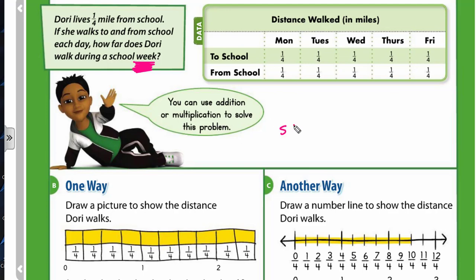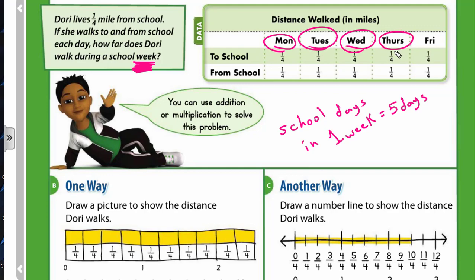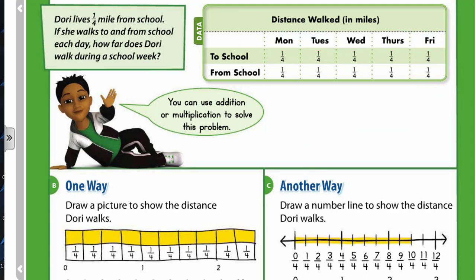And how many school days in 1 week? 5 days. For us, it's Sunday, Monday, Tuesday, Wednesday, Thursday. But for this school, it's Monday, Tuesday, Wednesday, Thursday, and Friday. It's also 5 days. Okay?